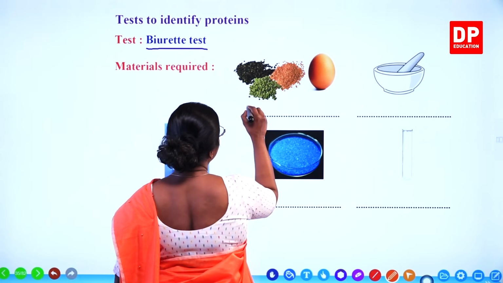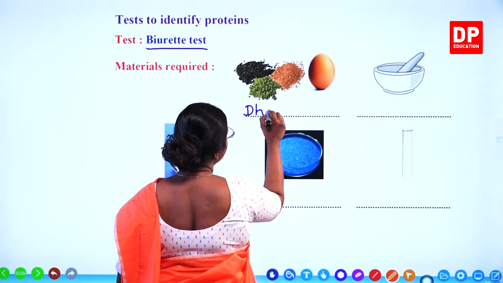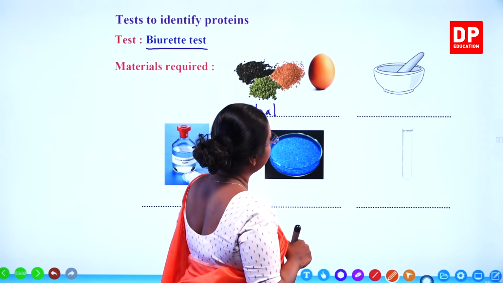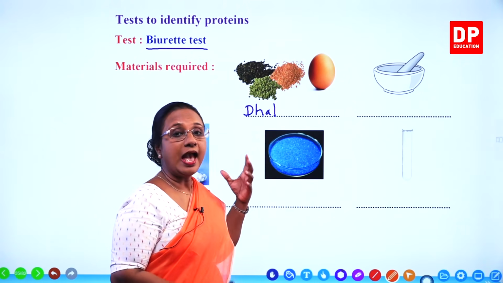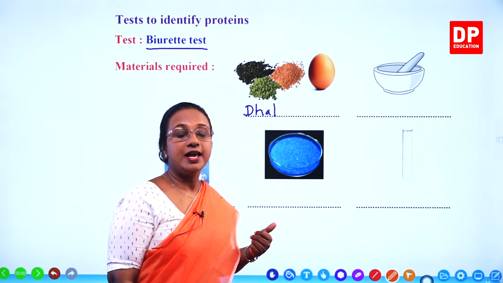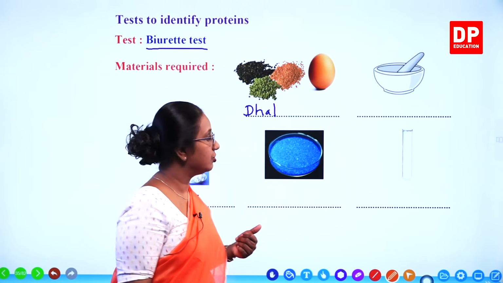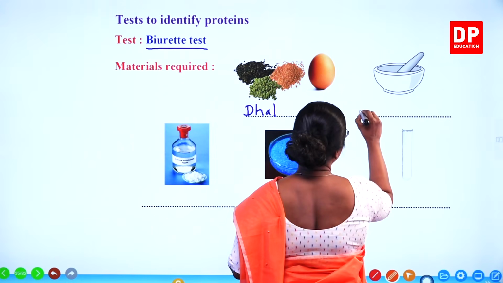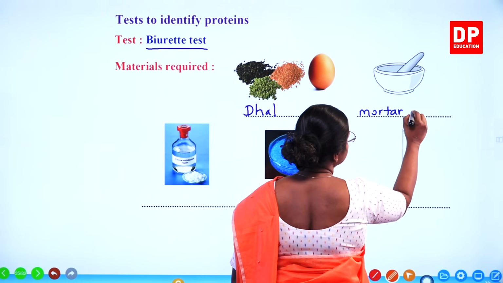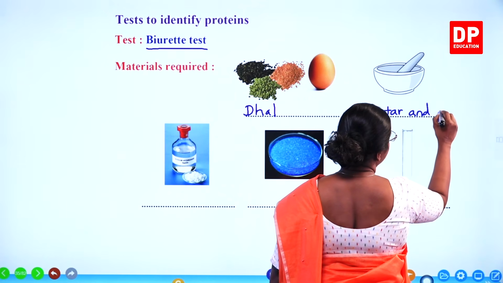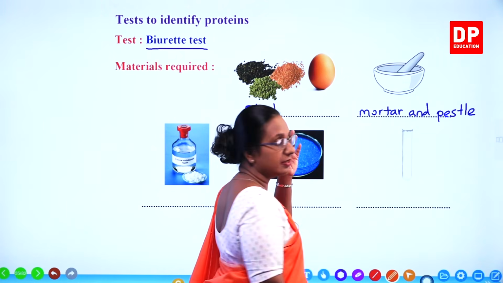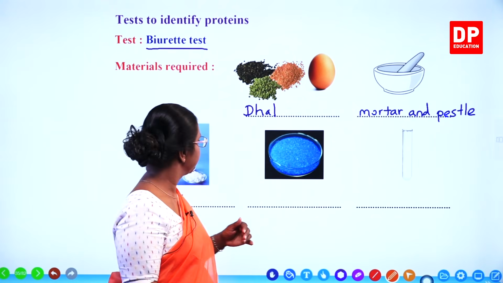Here we will be using dal or any other type of food that contains protein. And to grind this food and extract the protein solution, we will need a mortar and a pestle, for the purpose of grinding the food item.